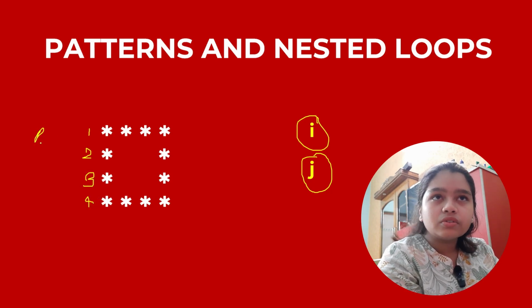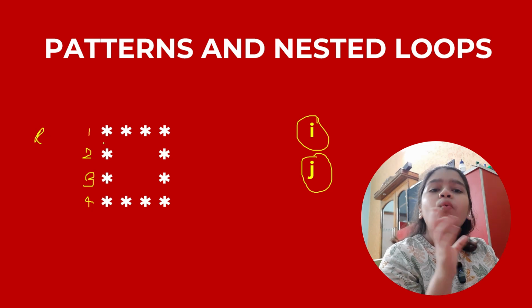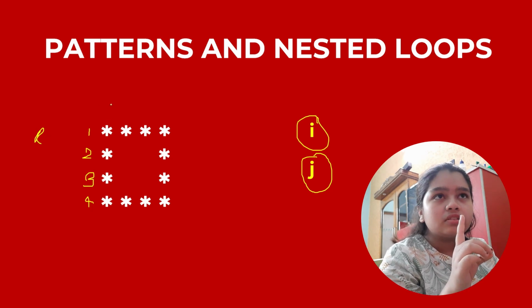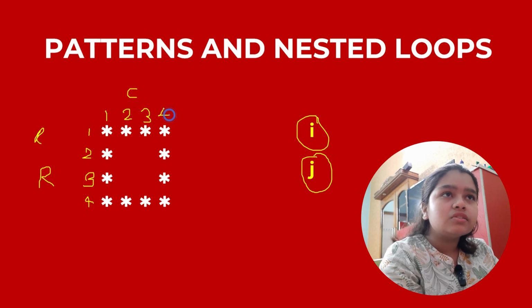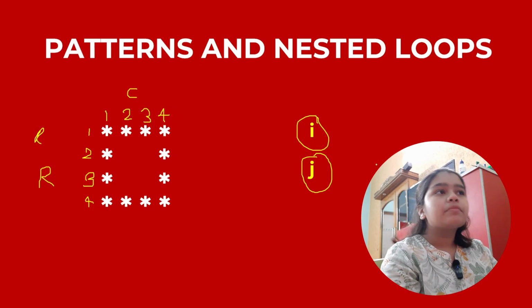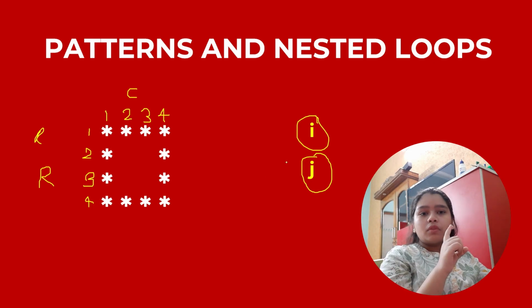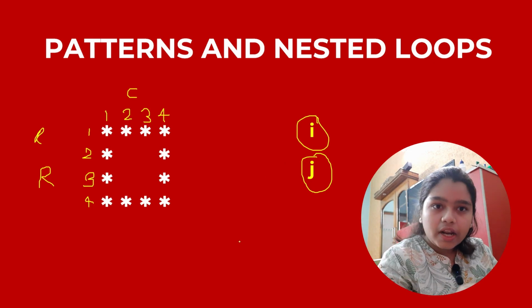These are the rows. Got it? And what are your columns? These will be your columns. Okay, this is your row area. Got it? And this is your column area. So this is your column 1, this is your column 2, this is your column 3, and this is your column 4. Okay, i loop is going to operate the rows, right?